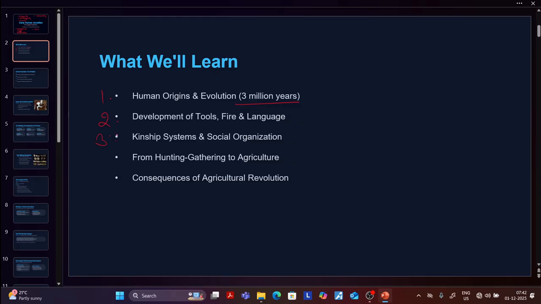Third, kinship systems and social organization. How humans created complex social structures that enabled cooperation at scales never seen before in nature. Fourth, from hunting and gathering to agriculture, the transition from foraging societies to agriculture or settled farming.